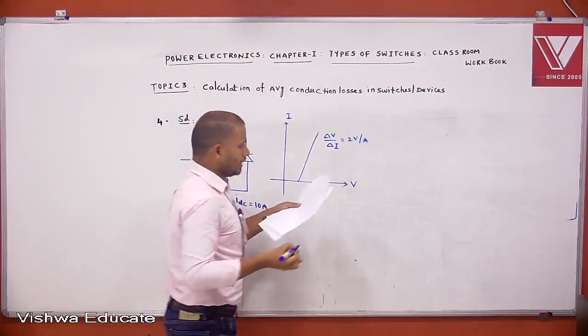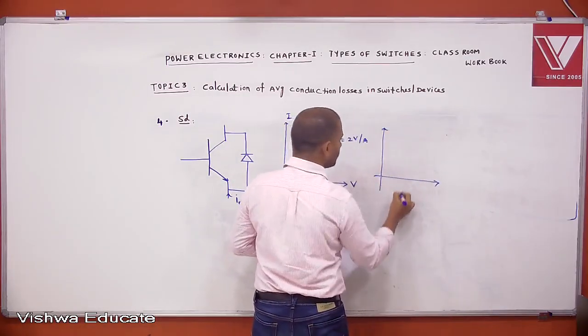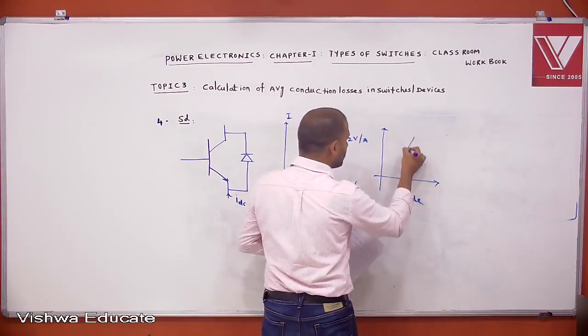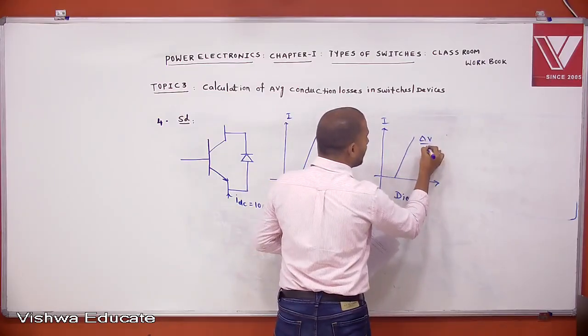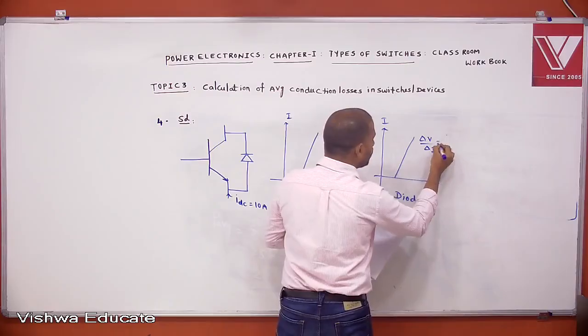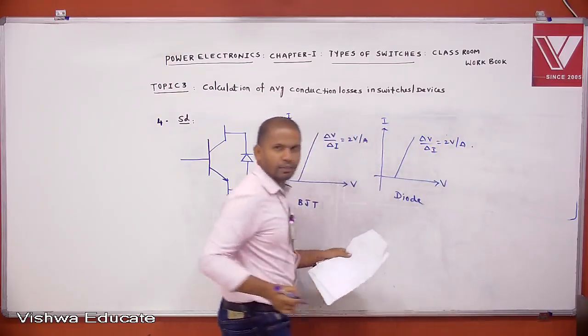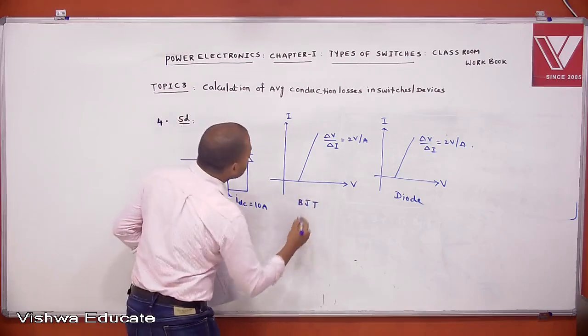And this one is the diode characteristics. This is I, and delta V by delta I equals how much? 2 volts per ampere. This is V. Based on this characteristic, can you model this one?